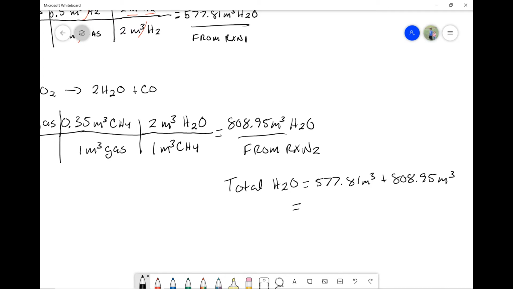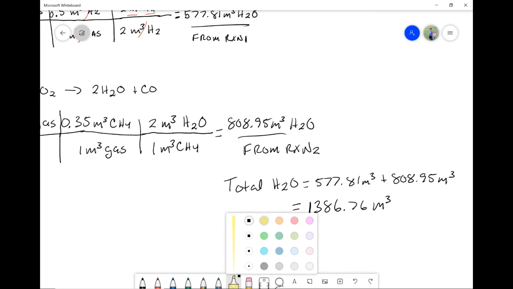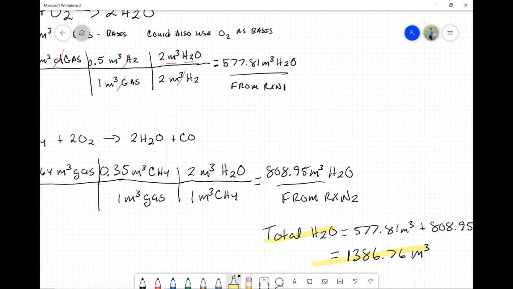Let me write it nicer. Let's highlight it so we can find it later. So total H2O, 1386.76 cubic meters.